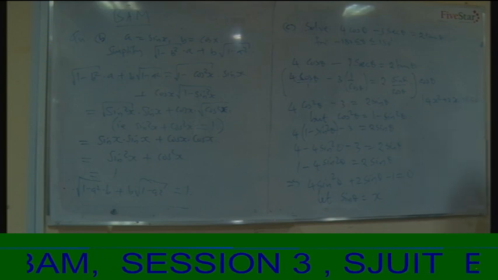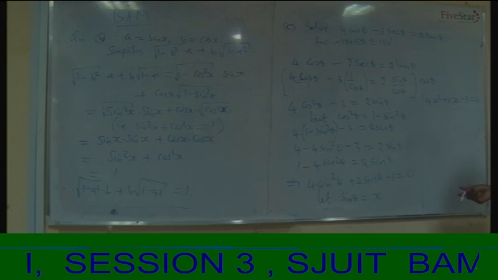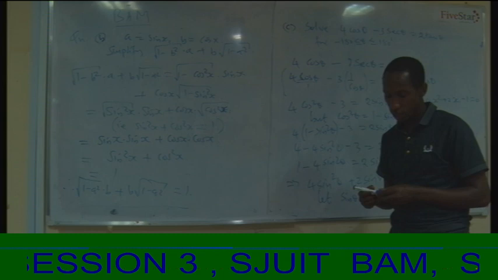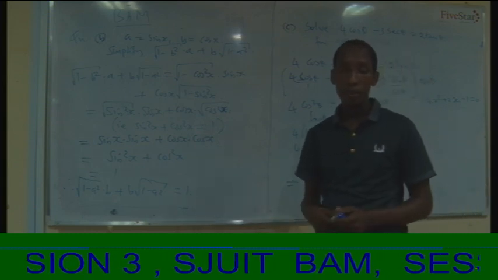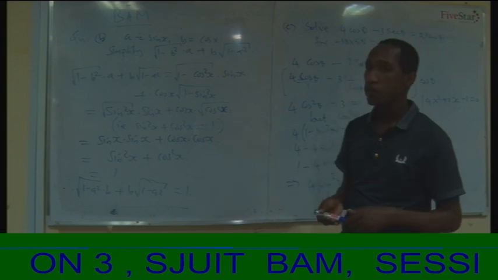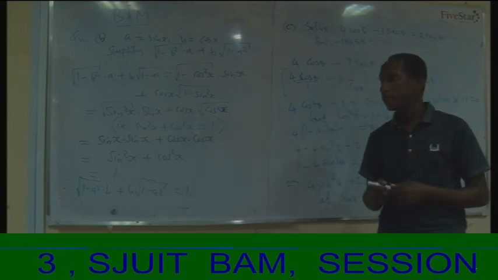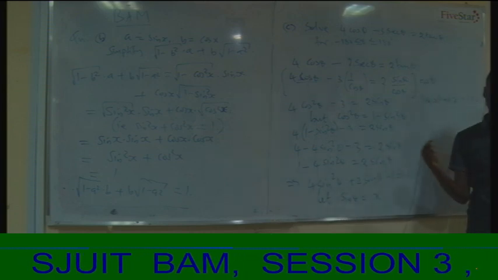This is now the normal quadratic equation, which we can solve using a scientific calculator, or we can use the known methods of solving a quadratic equation, either by splitting the middle term, or by using the general formula, or by completing the square method. But in our case, we don't bother with those methods.